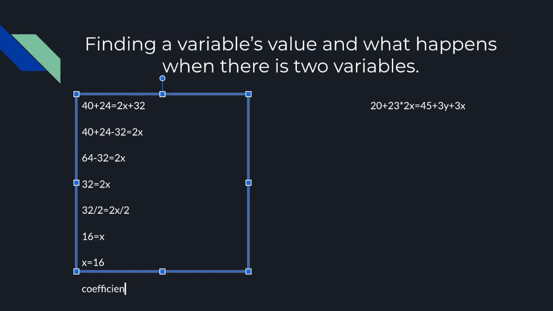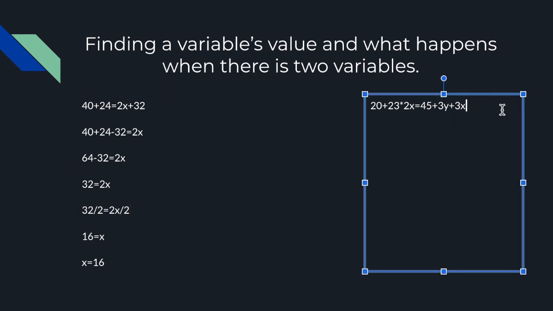What a coefficient does is it's just the number of times. So 2x would mean 2 times x. 25x is 25 times x, because we do not know the exact number that x is. So now we're going to start off with the number. We want to do this multiplication first.